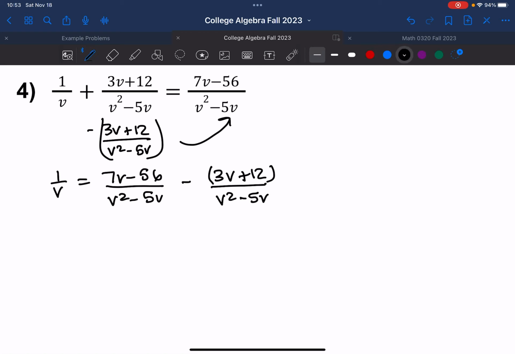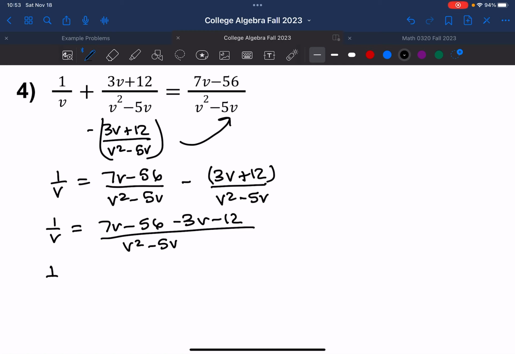So when I do that, I'm left with 1 over v is equal to 7v minus 56 minus 3v minus 12 all over v squared minus 5v. Simplifying this, I have 7v minus 3v, which is 4v, and negative 56 minus 12, which is negative 68, all over v squared minus 5v.